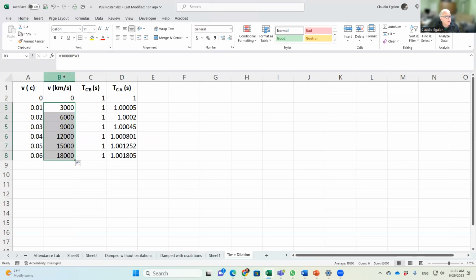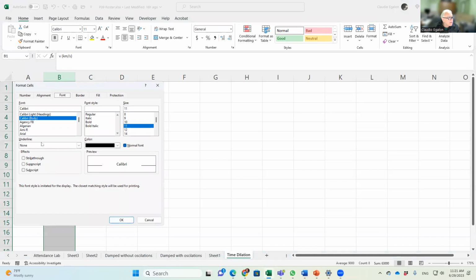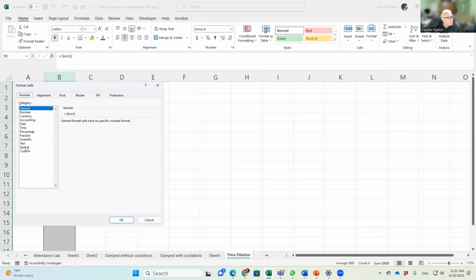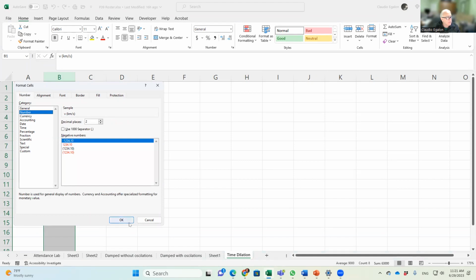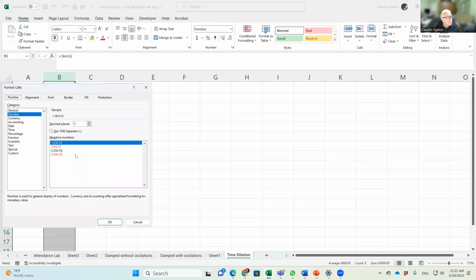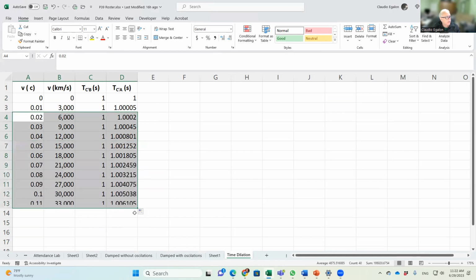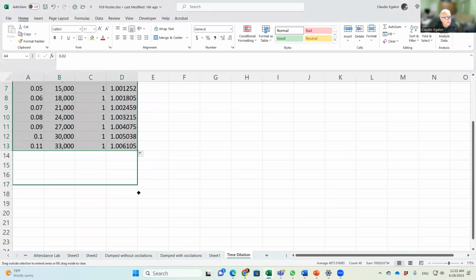3,000 kilometers per second is very fast. No man-made macroscopic object has ever reached this speed. The fastest that I'm aware of is 100 kilometers per second, not 1,000 kilometers per second. I don't want that many decimal places, but I want the 1,000 separator. Okay, 6% the speed of light, 18,000 kilometers per second, right? Now look at the difference here.